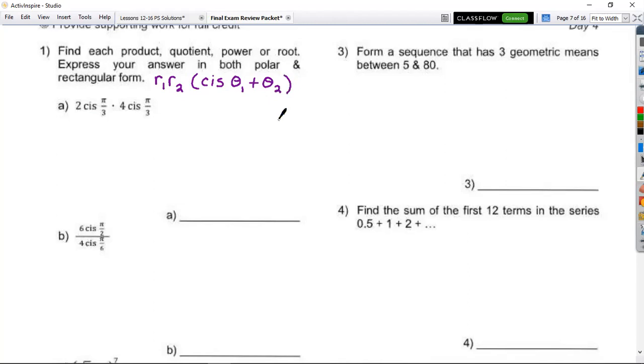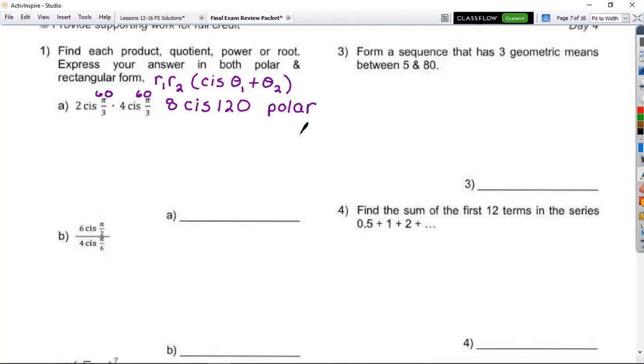So first we should probably convert these. So I have 180 over 3, which is 60. And is this one also 60? Yes. So you're going to do 2 times 4, which is 8. And then cos plus i sine of 60 plus 60, which is 120. So that's your first answer. That's your polar answer.